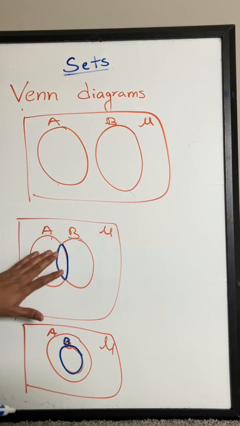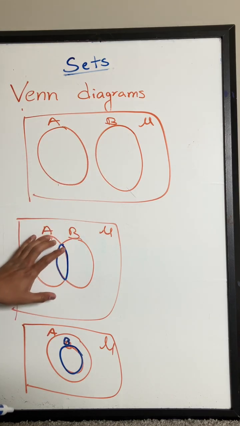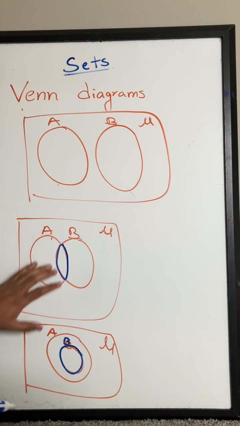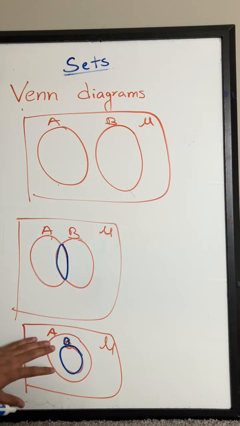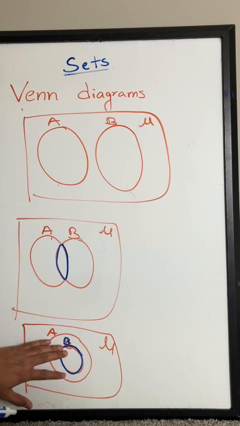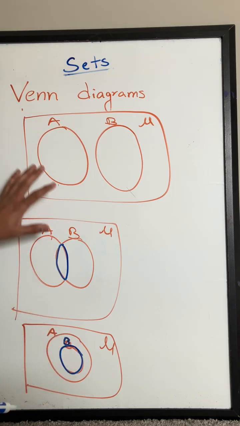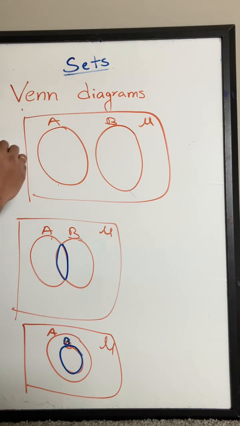If they have any common things, we draw them so that they intersect. If all the elements of B are inside A, we draw a circle inside a circle. So only three types: type 1, type 2, type 3.